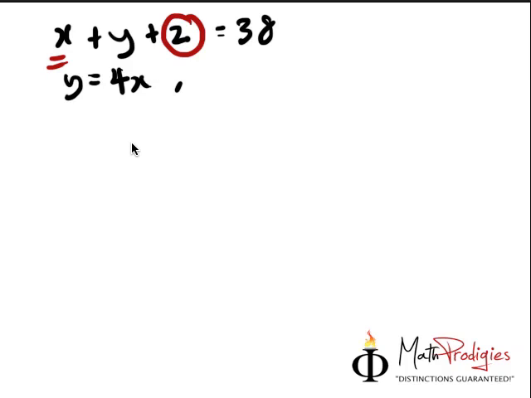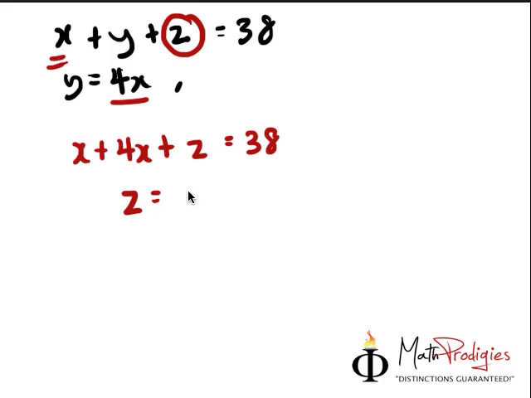In this case, it's very simple. Just substitute y equals 4x, and then you have x plus 4x plus z equals 38. If you want to find out what z is, let's add this up first: 5x plus z equals 38. Therefore, z, which is what they're looking for, is 38 minus 5x.